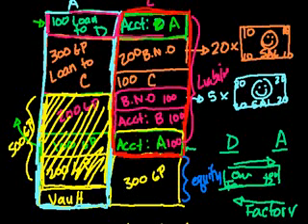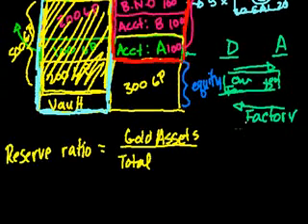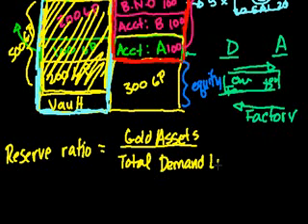You won't see this formal definition anywhere because most people are off the gold standard right now. Everything on the liabilities right now is an on-demand loan, which means whoever has that liability can come back and exchange it for gold at any moment in time. But the bank could have taken just a regular loan, and a regular loan might not be on demand. It might be a loan that the bank doesn't have to pay back for 10 years, in which case there's no reason why the bank would have to set aside some gold to pay that back. So let's make our definition not total liabilities, but total demand liabilities.